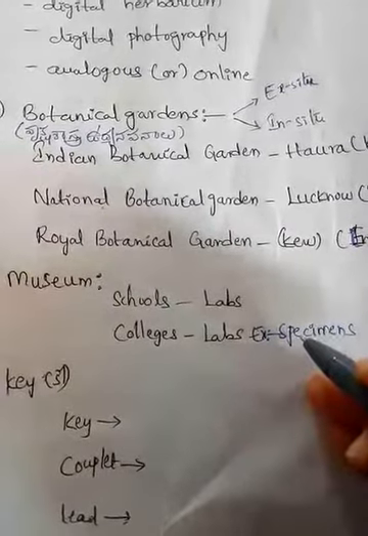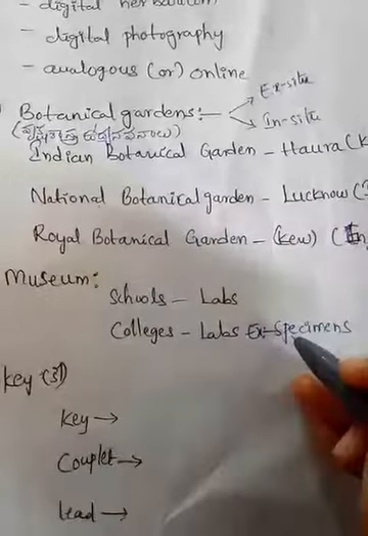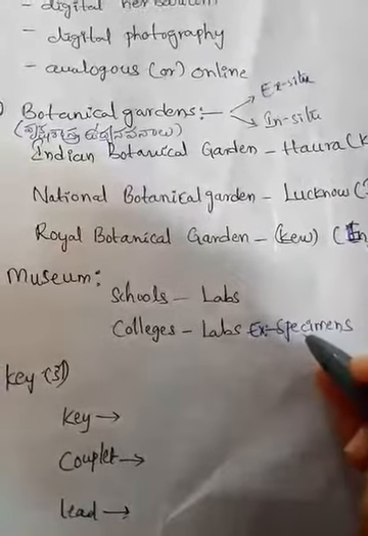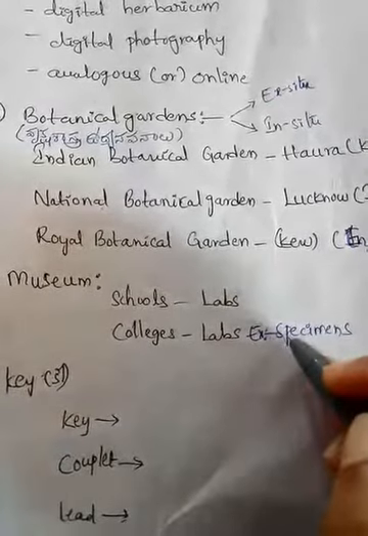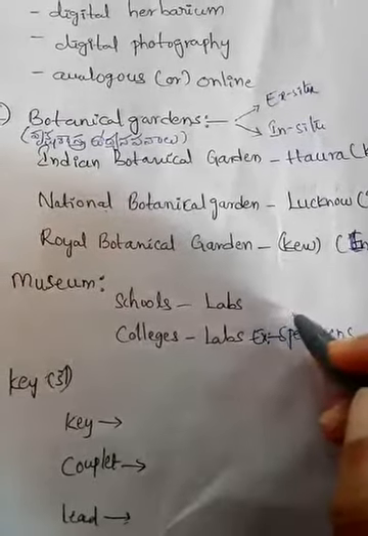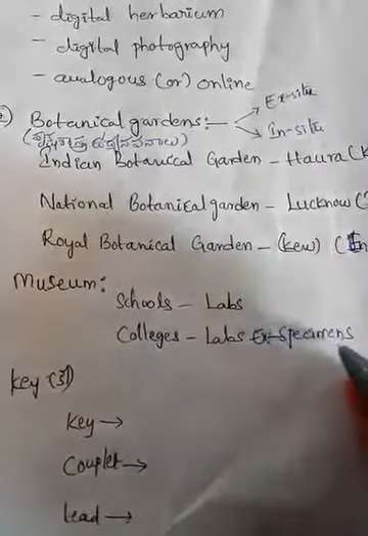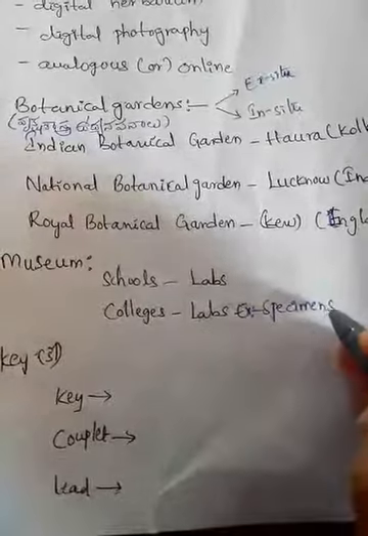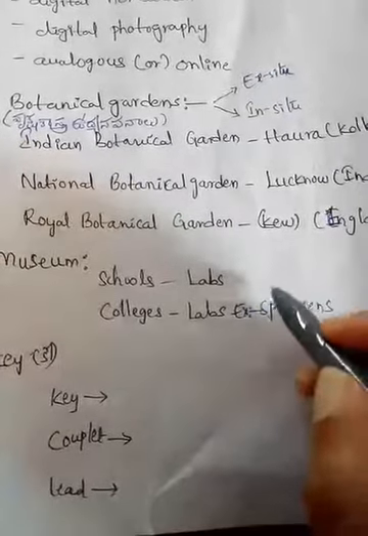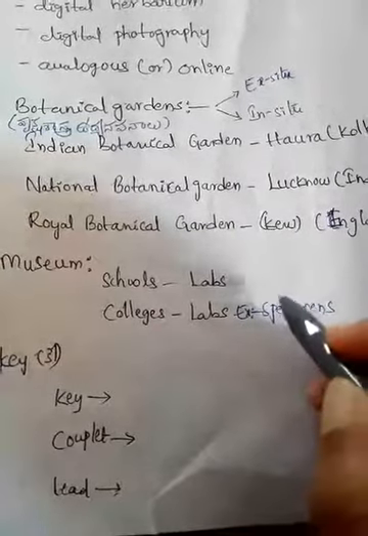These look like glass containers. One glass container is filled with formalin, and one dry plant or dry animal is put in the container and closed with an airtight lid.